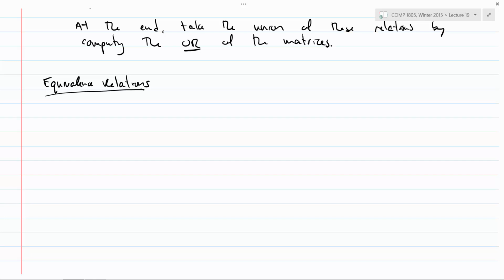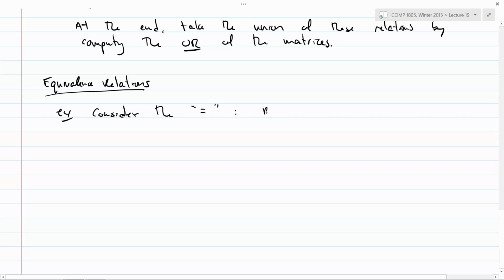All right, so let's look at some examples. So consider the equals operation. We use this all the time. It's a perfectly good relation. It's all pairs A, B such that A equals B, right? And you can define that over whatever set you like, let's say the integers.